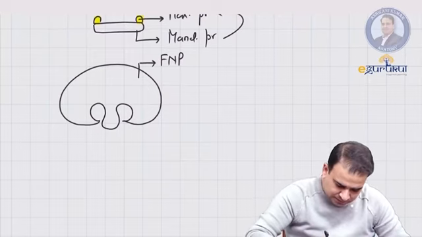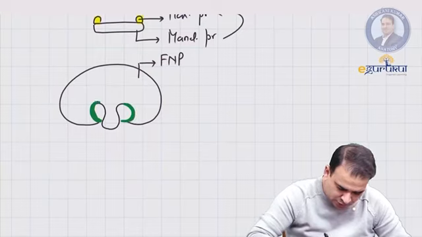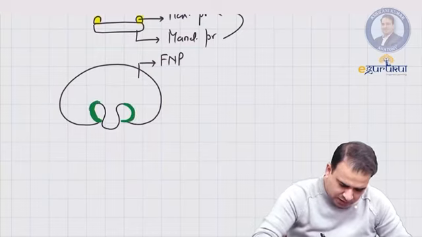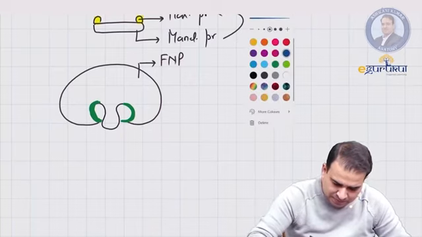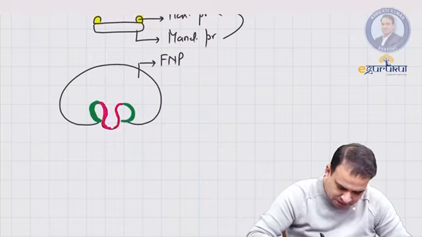This is the lateral nasal process or prominence, and the one which is inside, this elevation here, is the medial nasal process or prominence.